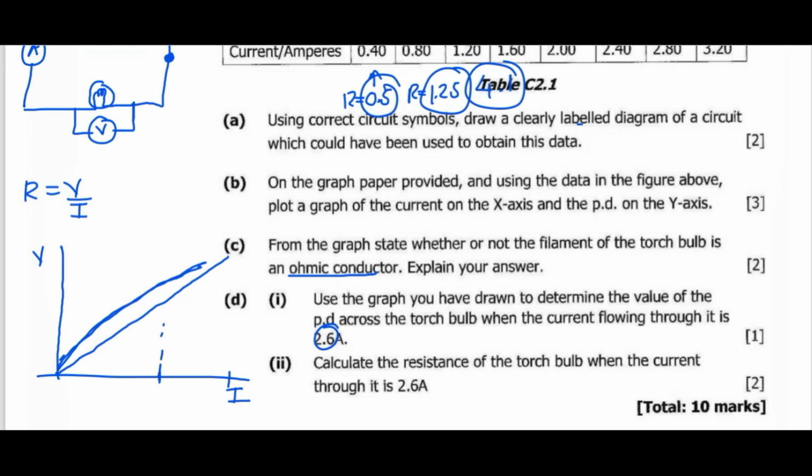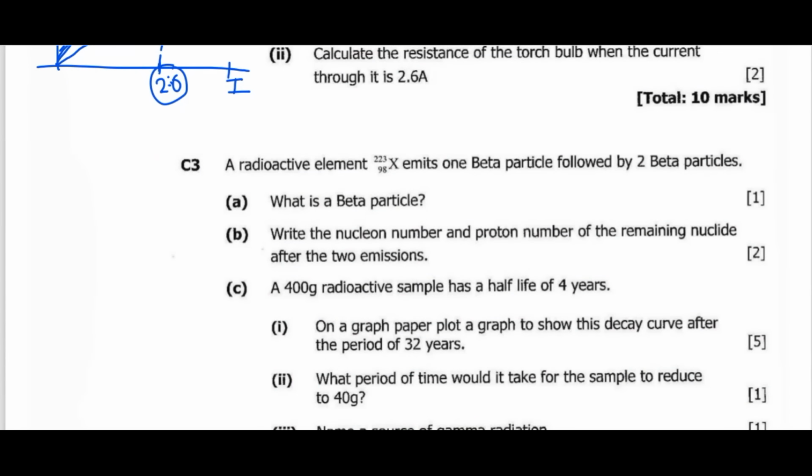You move parallel to the y-axis, then upon touching the curve, you turn 90 degrees, moving parallel to the x-axis. At this point is where you're going to get the answer. Then calculate the resistance of the torch bulb. After you found the voltage here, you calculate that resistance using the current, 2.6, which is given. So the voltage at this point divided by 2.6 will give you the resistance. So that's what you can solve for this question.